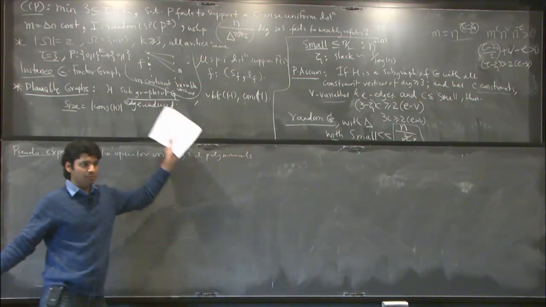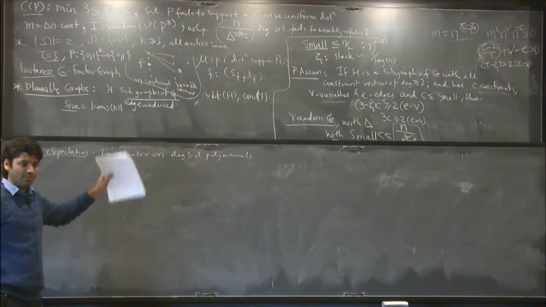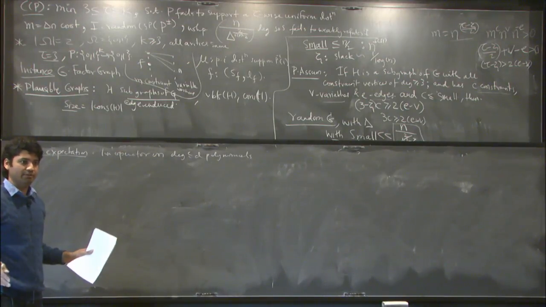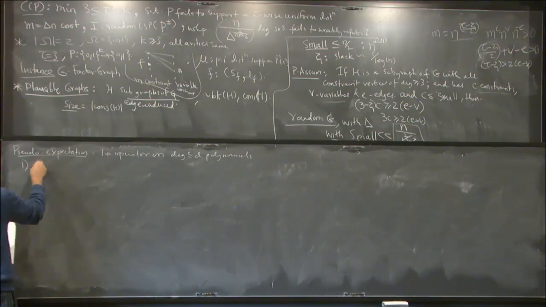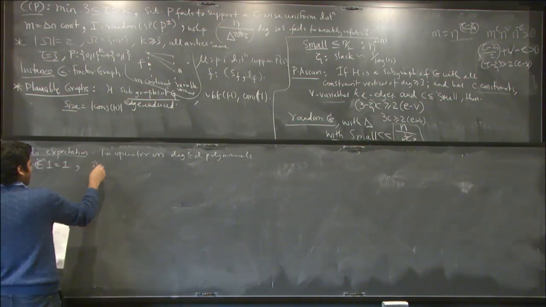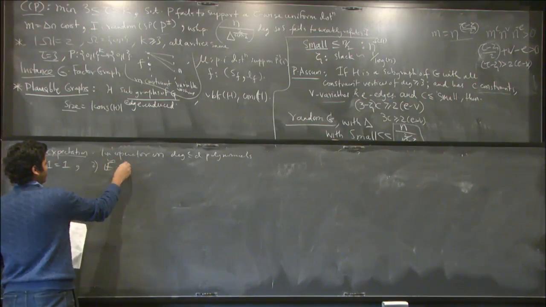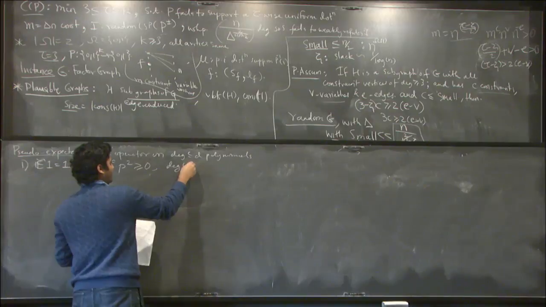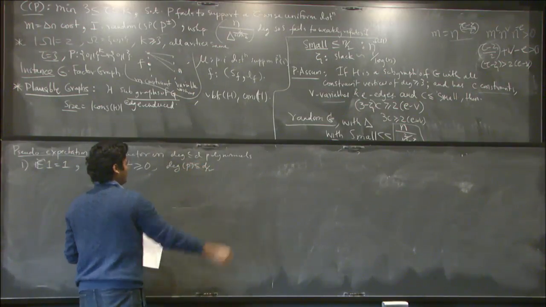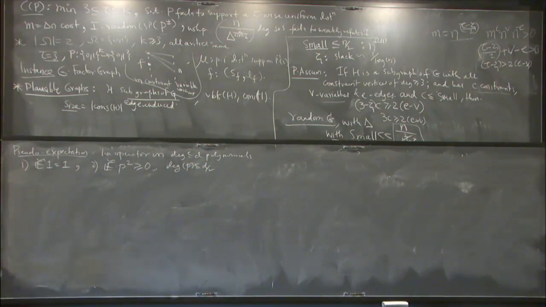Here the variables would be x1 to xn, the Boolean variables I'm looking at. I'm going to arithmetize them and look at them as real variables. So it is a linear operator that satisfies the constraint that for the constant function 1 I get 1, and the important part, that for every square of a degree at most d over 2 polynomial I get a non-negative value.